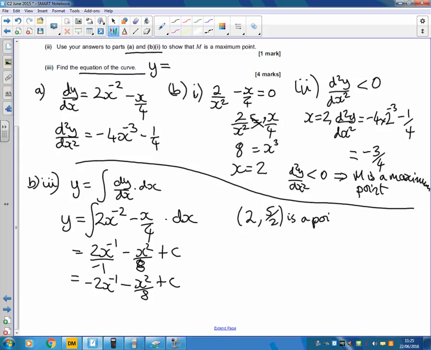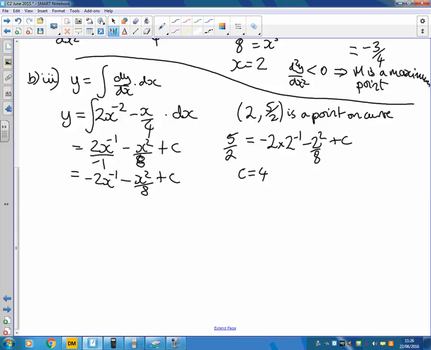It's a stationary point. So we're going to substitute those values in. So y is 5 over 2, x is 2, and then you're just going to rearrange that to find out that c equals 4.